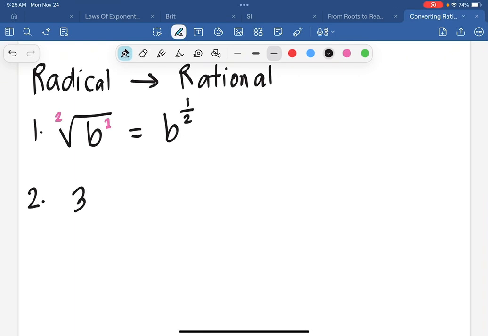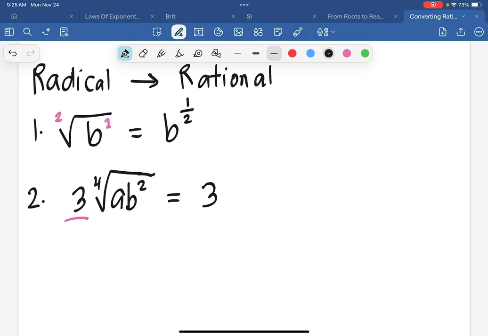Another thing, if you were to have 3 times the 4th root of a, b squared. As you can see here, our 3 is not affected by anything except for an invisible 1 exponent, so write it as 3.